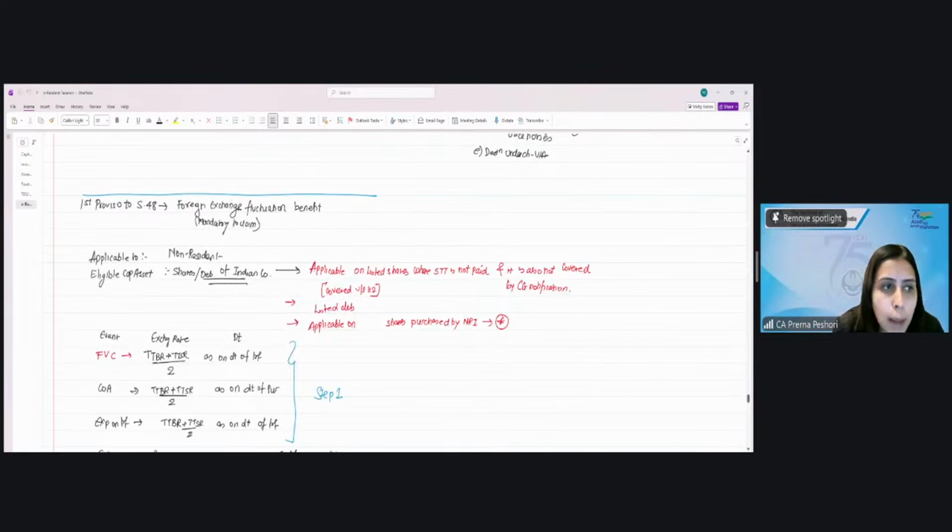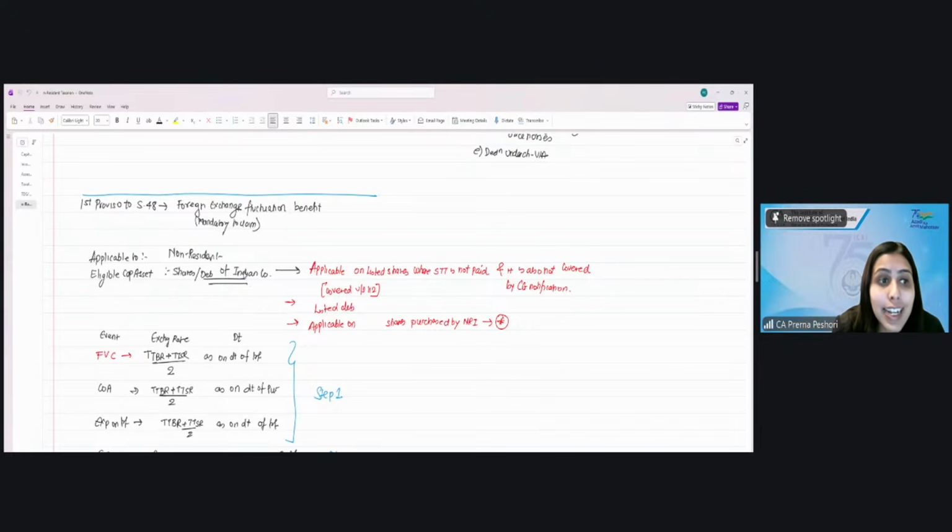First of all, this is only applicable to a non-resident and the eligible capital asset is share or debentures of the Indian company. Now be clear with this that this particular benefit is not available when you pay the tax as per section 112A. Okay.